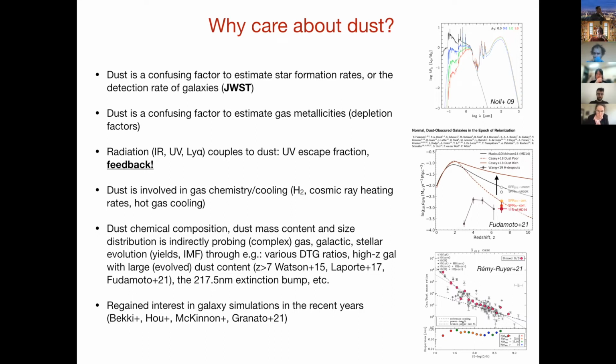Dust is also a confusing factor when people try to estimate gas metallicity, because some metals are locked into dust. It's an important problem for coupling radiation as well to the dust gas phase mixture, and thus is involved in other processes such as chemistry and cooling for the ISM.